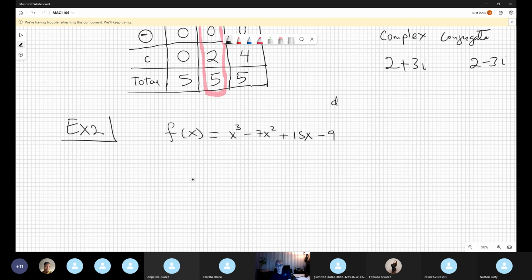What is the degree of that polynomial? Guys, are you there? 3. When I finish that problem, we have 3 zeros. I don't know if this includes positive, negative, or complex.